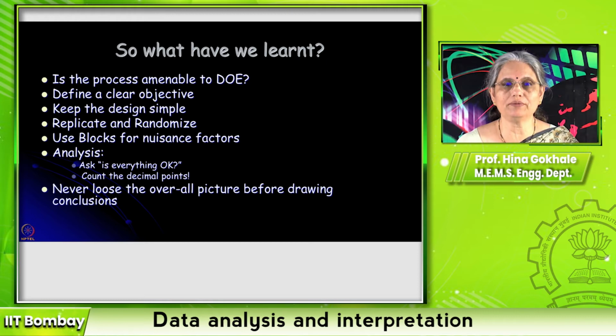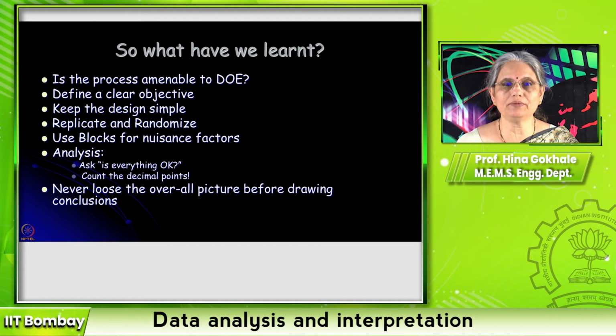So, we come to this next stage. Let us conclude the whole session of design of experiment case study. We went through it in 4 sessions totally. First question is which process is amenable to design of experiment, we discussed that.